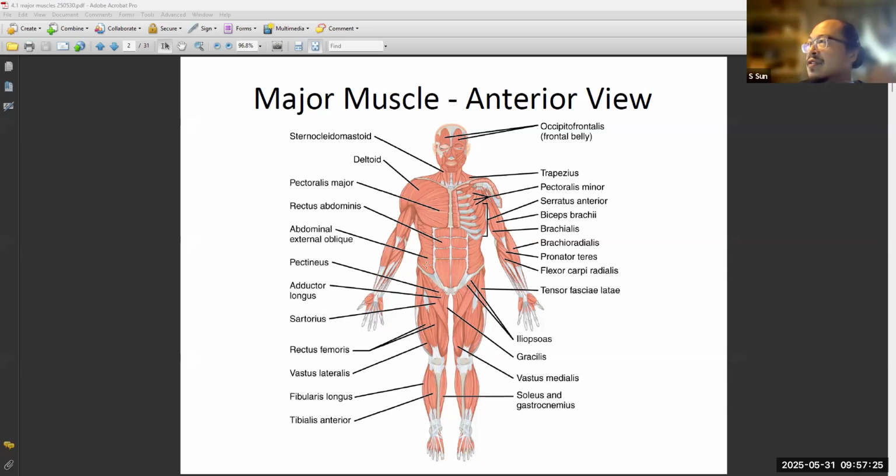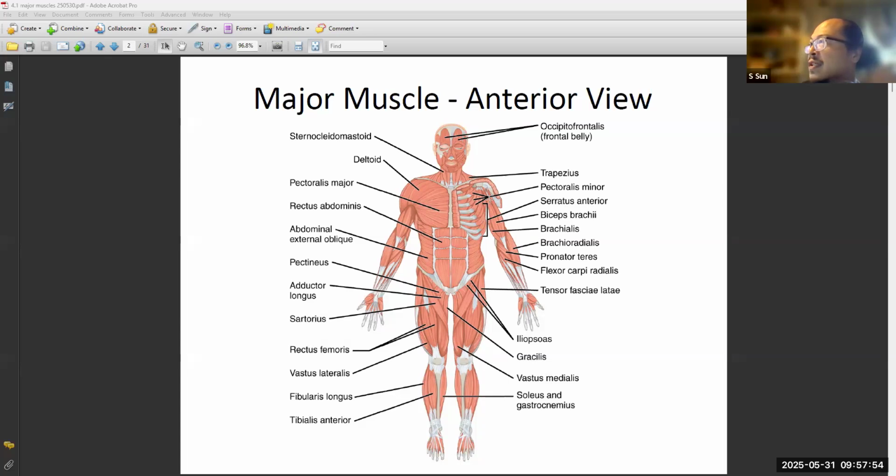And then going to the chest, deeper than the pectoralis major, you have the pectoralis minor. And between the ribs into the back, you have the serratus anterior. So that is the chest.